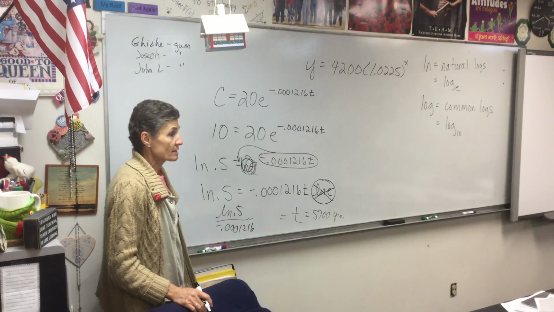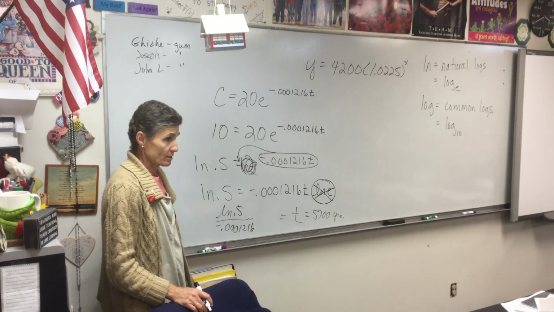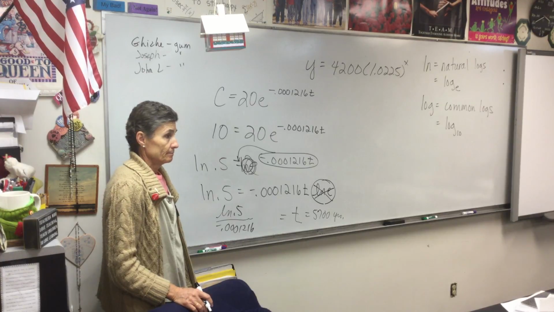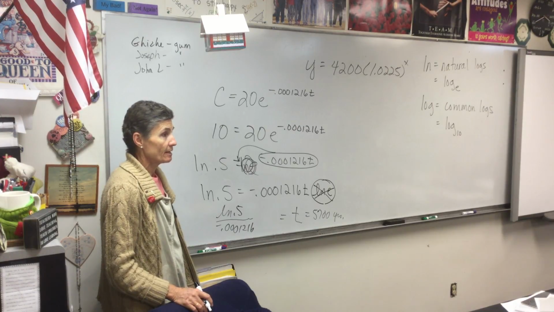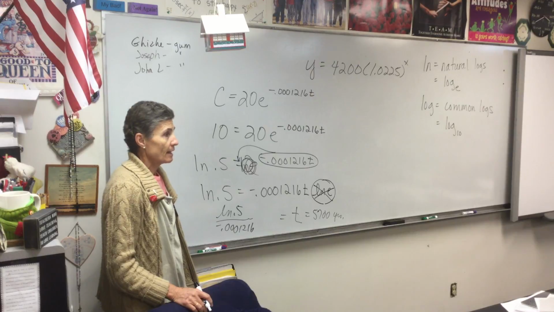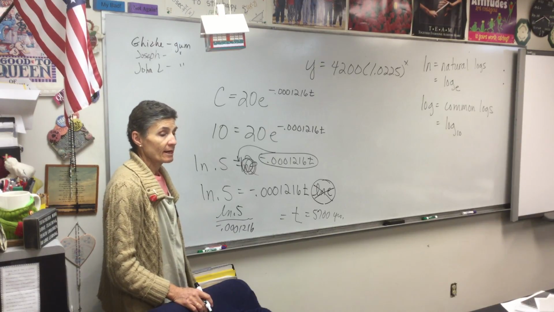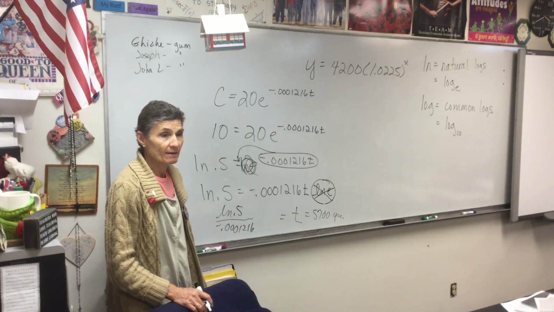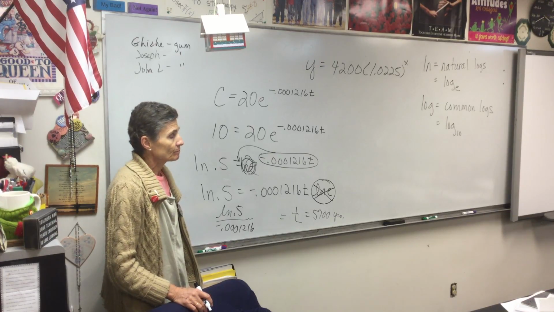Would you call this a stable element or an unstable element from chemistry class? Now think about that before you say that. It takes it 5,700 years to decay halfway. I'd say it's pretty stable, right? The unstable ones are the ones that have half-lives of 10 seconds or something like that.